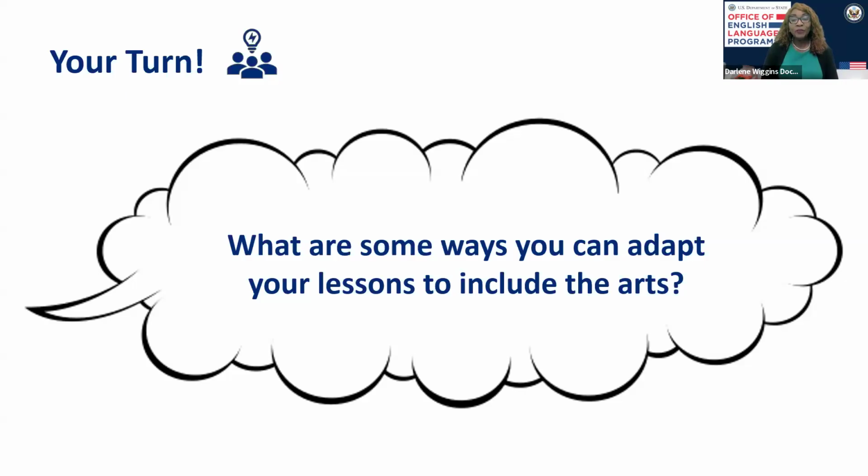Okay, well, we've got quite a few responses now to some ways that our participants plan to adapt their lessons to include the arts. We heard from Noha, who said, I sometimes ask my students to write a short story in the past simple tense. So we have that grammar point, as well as the literary arts. Selma said, storytelling, drawing, and role play.